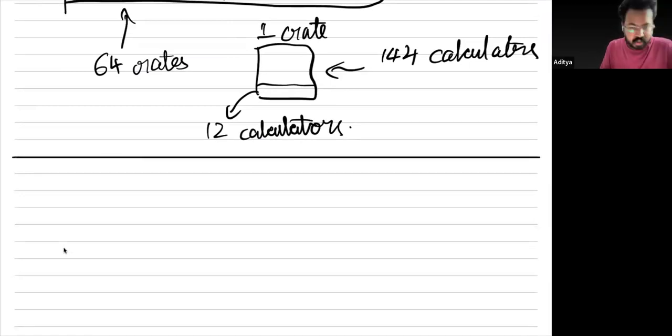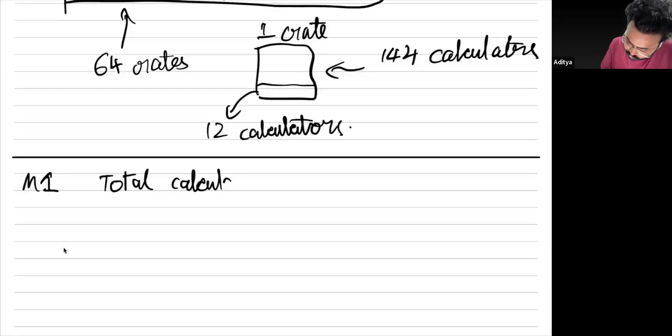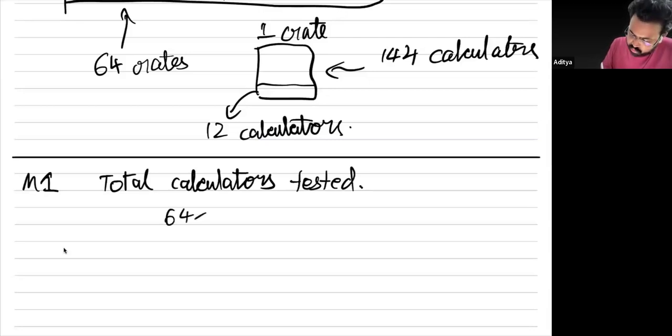One is that you figure out the total number of calculators tested. Method 1: total calculators tested. This quantity you can easily find. It is 64, the total number of crates, out of which 12 calculators from each crate are tested. This is the total calculators that are tested.